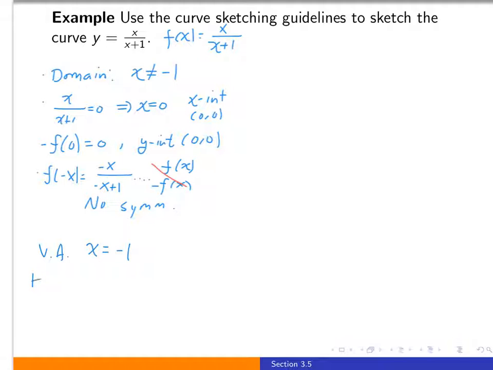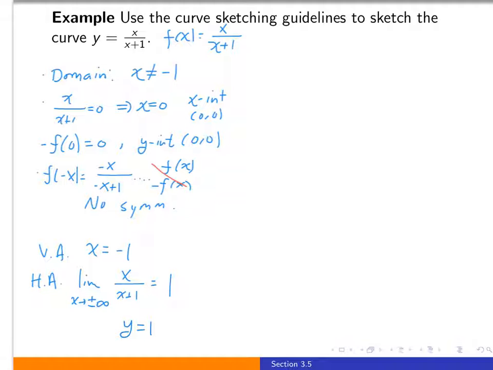To find the horizontal asymptote, we think, what is the limit as we approach plus or minus infinity? It's a rational function with the same degree in the top and the bottom, so you simply divide their leading coefficients. That's going to be 1. So the horizontal asymptote in this case is the line y equals 1.